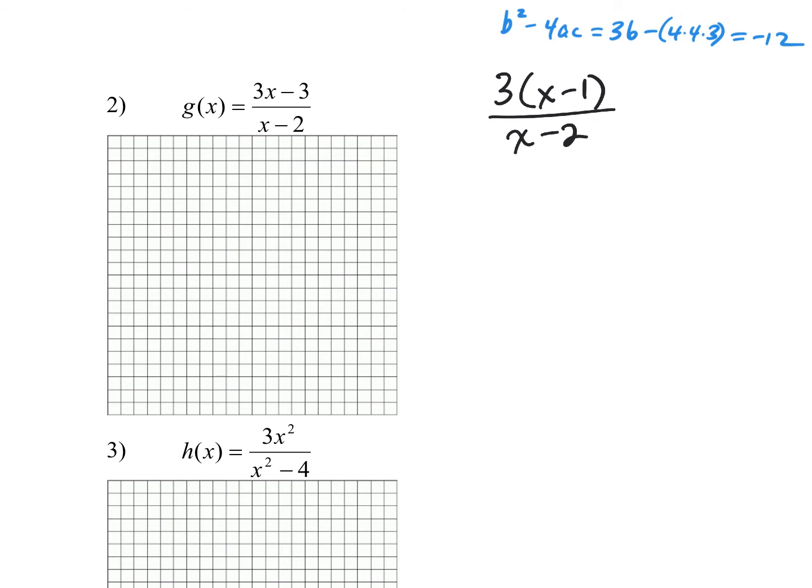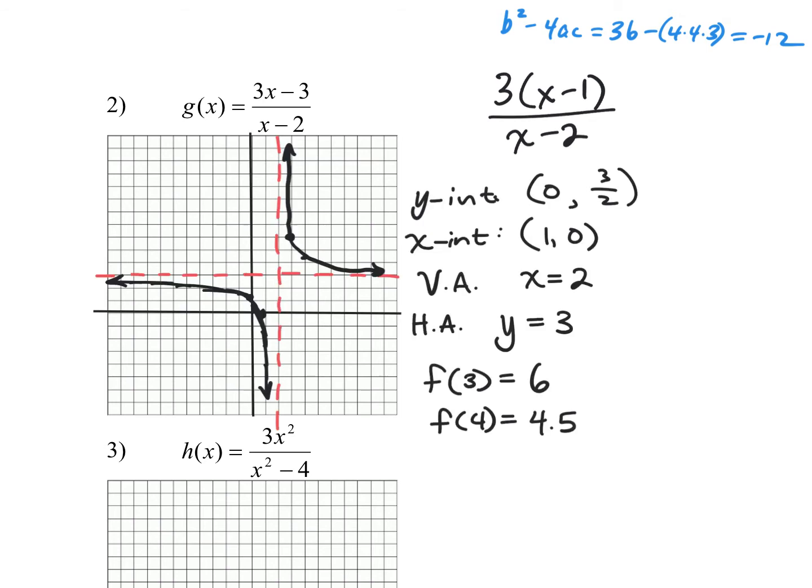My recommendation, if you want to test yourself, is to pause the video and try to find your x-intercepts, your y-intercepts, and both vertical and horizontal asymptotes if they exist. I'm going to pause right now and work through this graph here, and then we'll talk about it in just a moment. All right, everybody, let's see how we did.